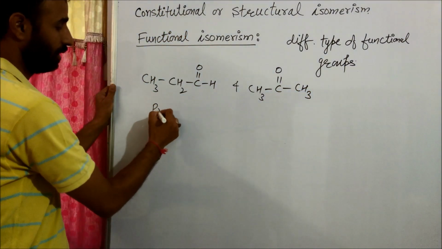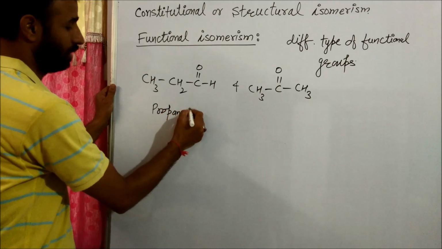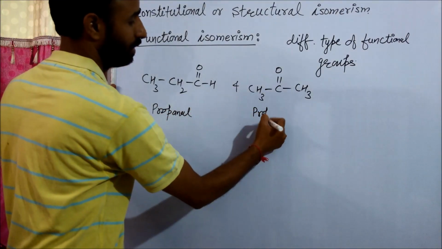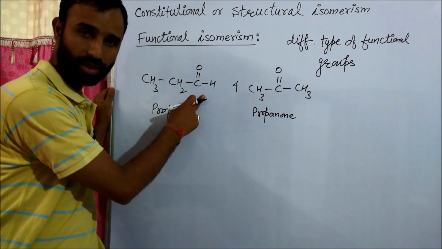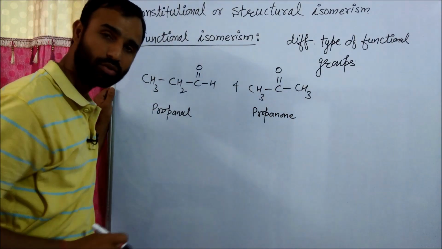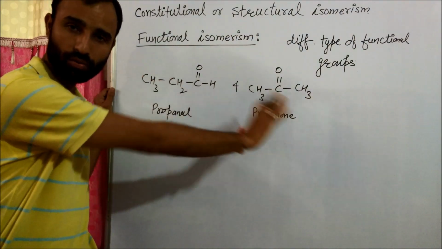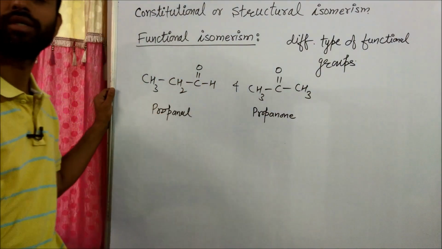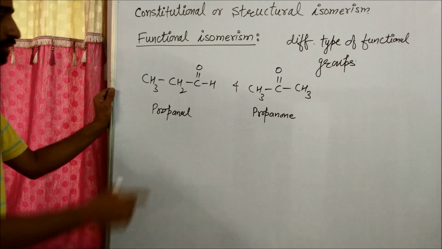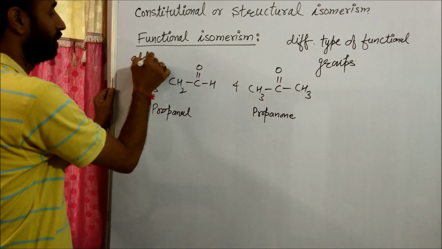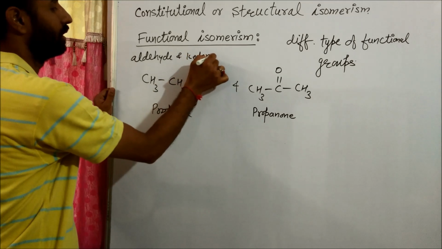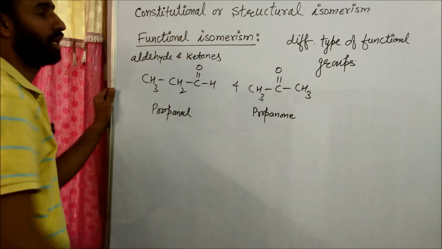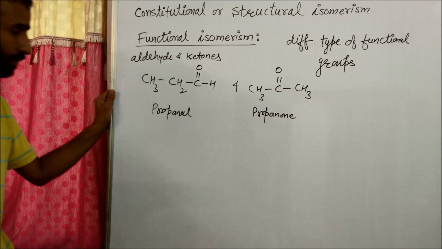This is propanal and propanone. Same number of carbon atoms, same degree of unsaturation, same molecular formula, but different functional groups. So that means aldehydes and ketones are functional isomers.